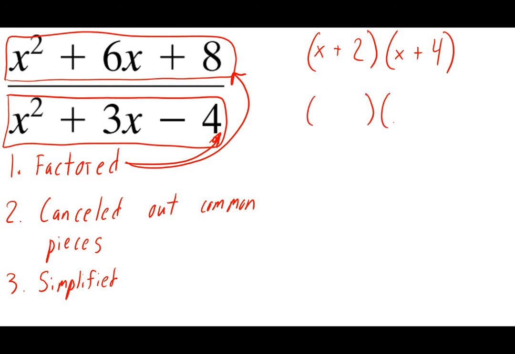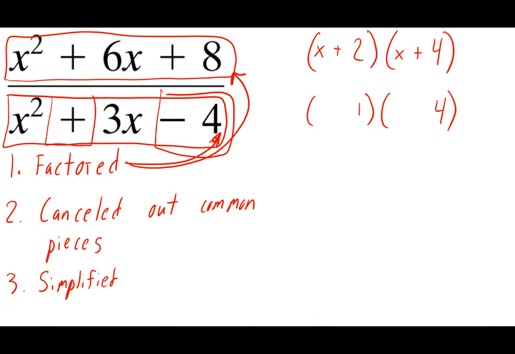I'm now going to factor out the denominator. I've already determined that my numbers are going to be 1 and 4, because this is a negative 4. I know one of the numbers will have to be negative, because a positive times a negative is a negative.